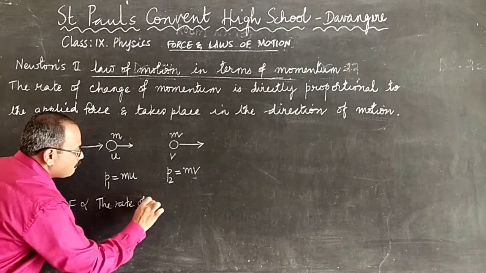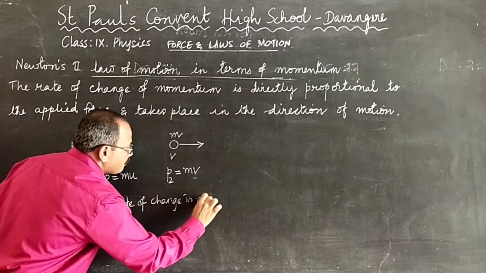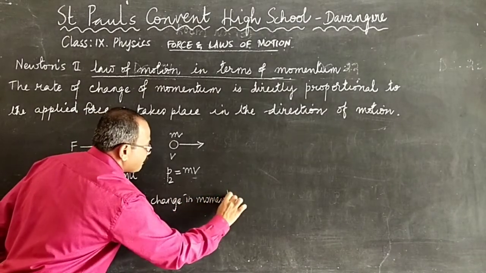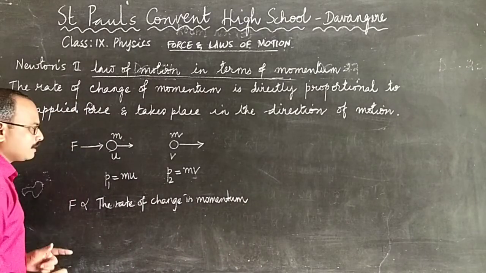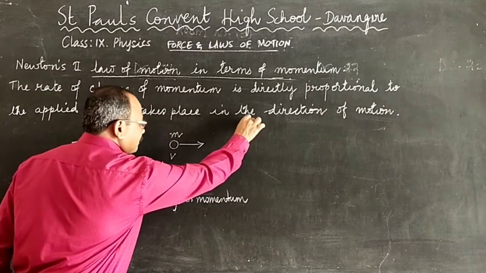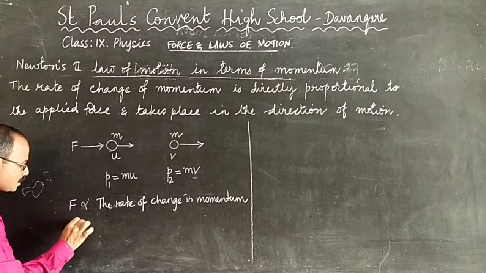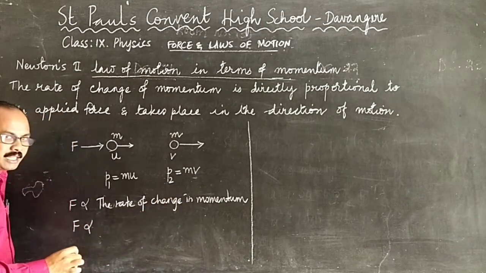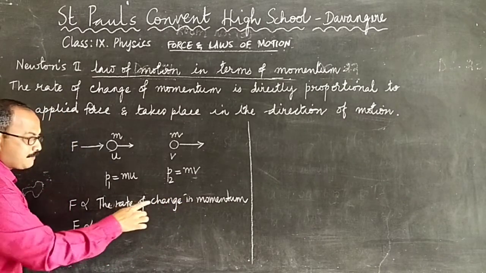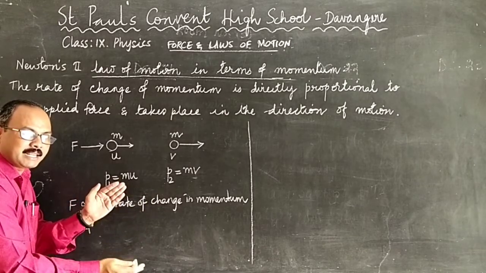The rate of change in momentum, or change of momentum. Remember, children, this can be written as force directly proportional to the rate of change of momentum, which means change in momentum divided by time taken.